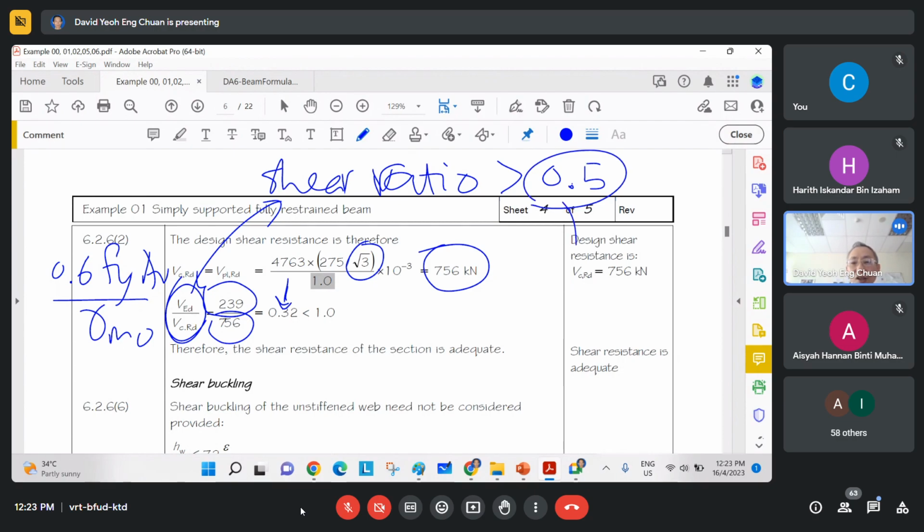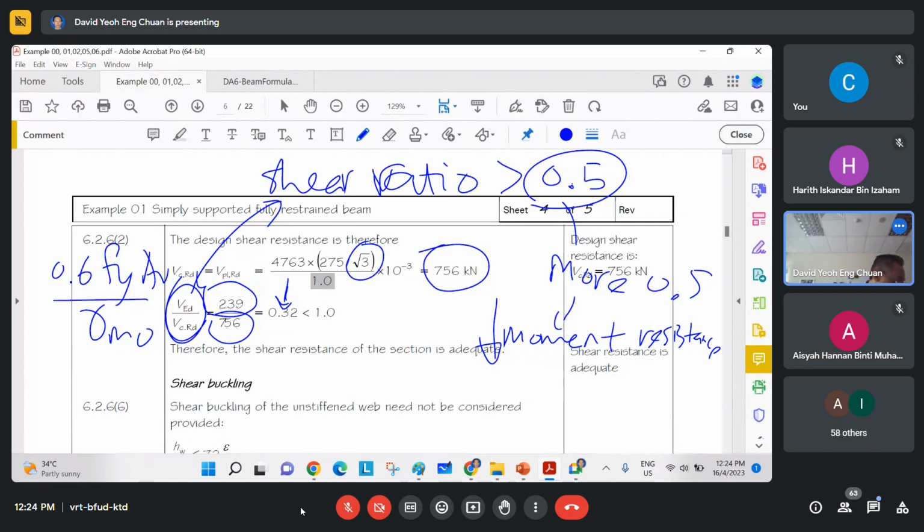Why? Because when the ratio is more than 0.5, it is going to affect the moment resistance and bring it down. So this is called shear effect on the moment resistance. This is written in the code of practice.